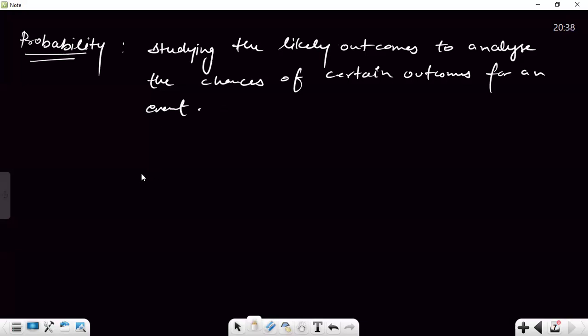So probability lies between 1, where 1 is included, and 0, where 0 is also included.